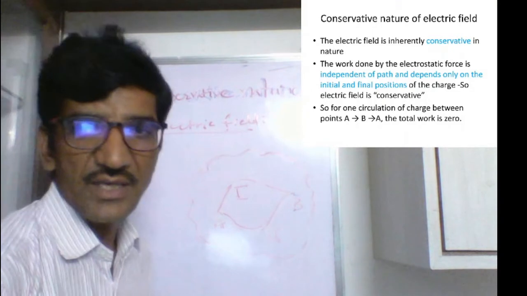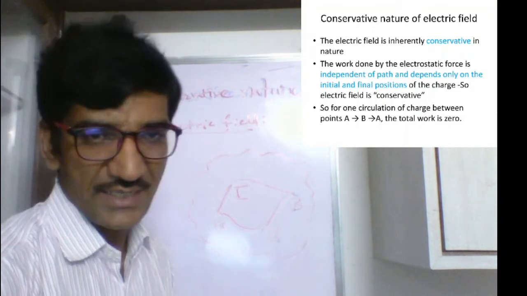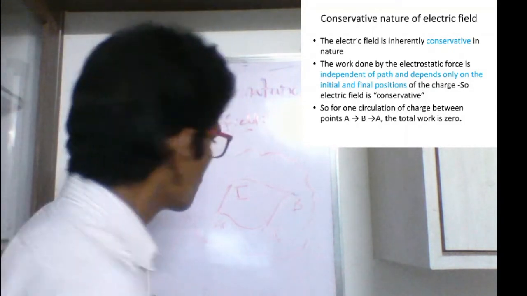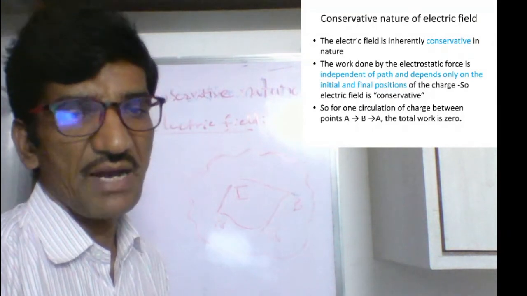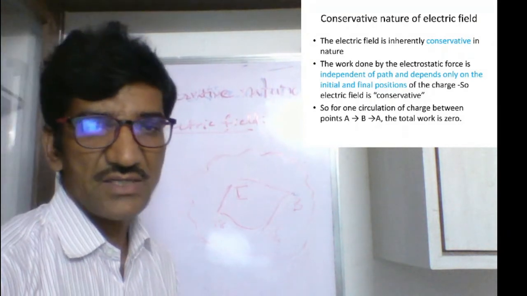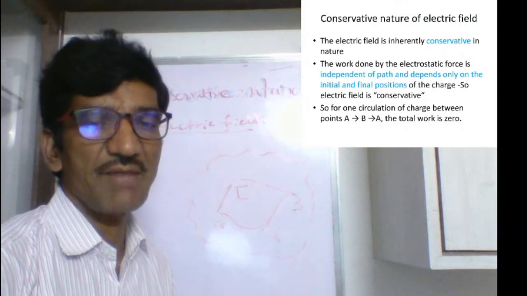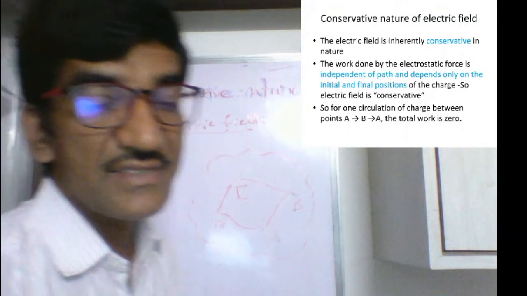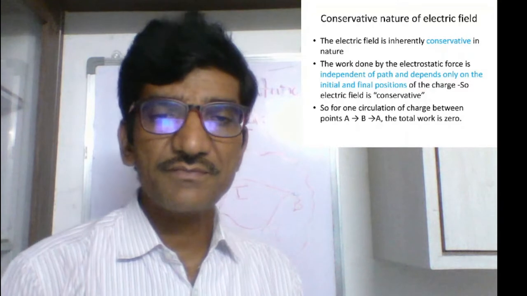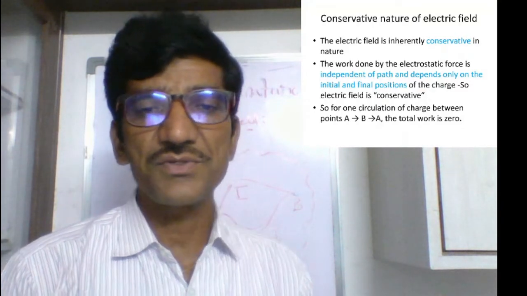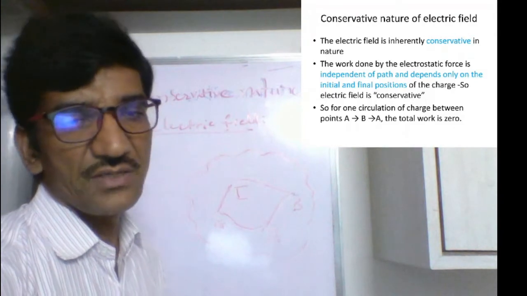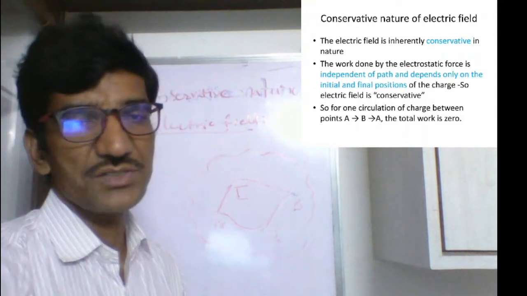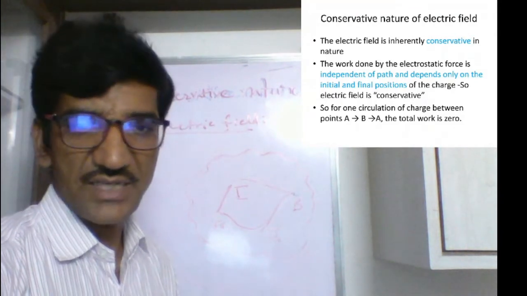Both things will be the same. So work does not depend on the path. Work is path independent. Such fields are called conservative force fields. Our electric field is a conservative field. Why? Because these two works are the same.